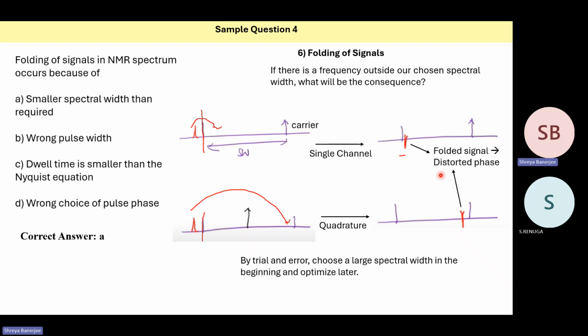So this is called folding of the signal. And it happens when we take the spectral width smaller than required. So if we take the spectral width smaller than required, somehow the instrument will try to fit the signals that are lying outside within this part, and it kind of folds the signal into the part. So the folding occurs when smaller spectral width is there, that is option A.